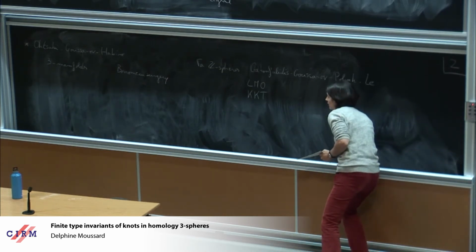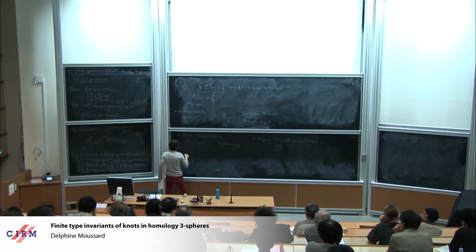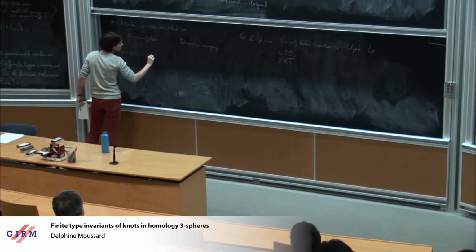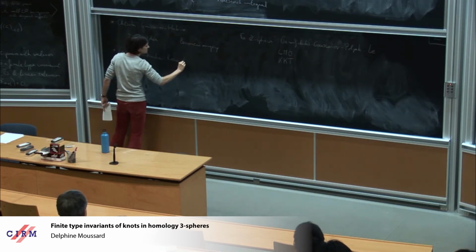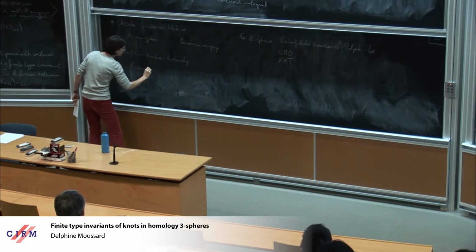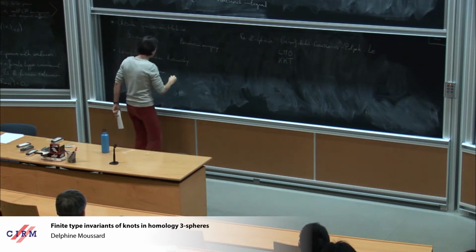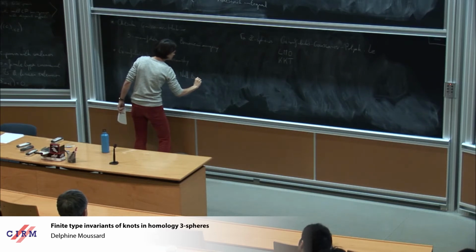Now another theory that I would like to mention is due to Garoufalidis, Kricker, and Rozansky, and concerns knots in integral homology spheres, with as a move the null Borromean surgeries.